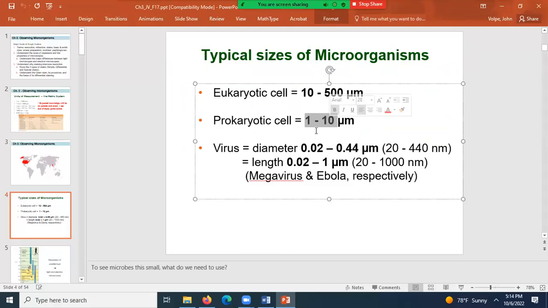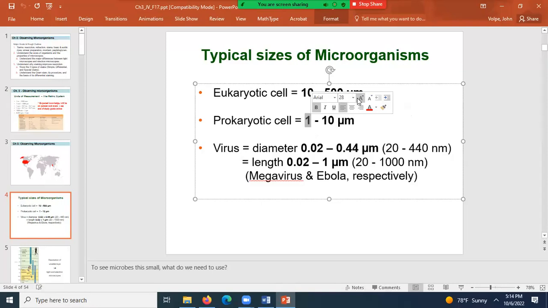And the largest prokaryotic cell, I used to know this, it's a little larger than 10 micrometers. Most prokaryotic cells, like I said, are 1 to 2 micrometers large.